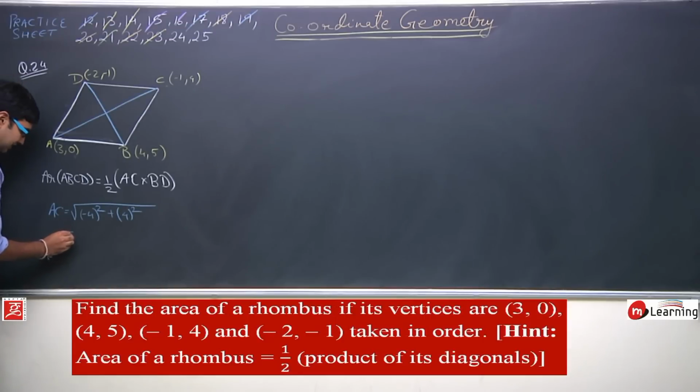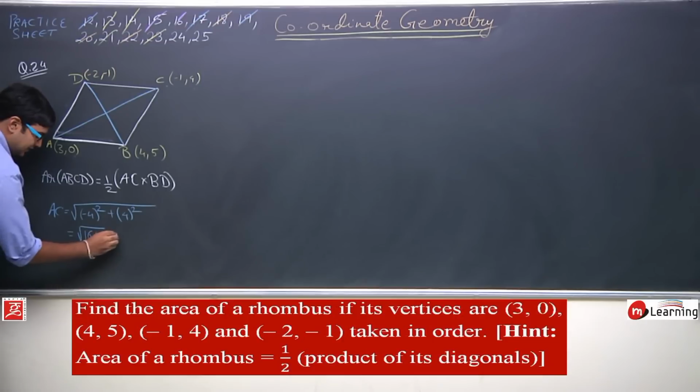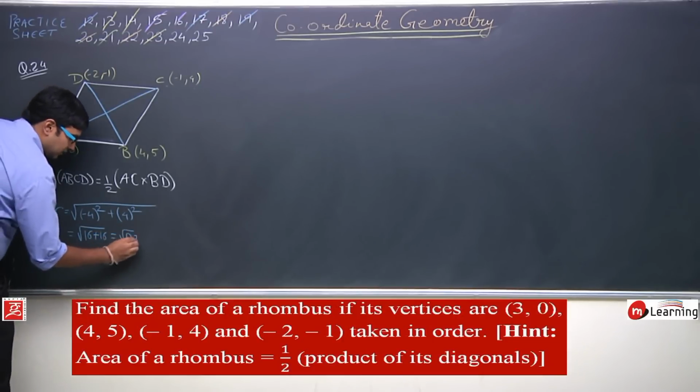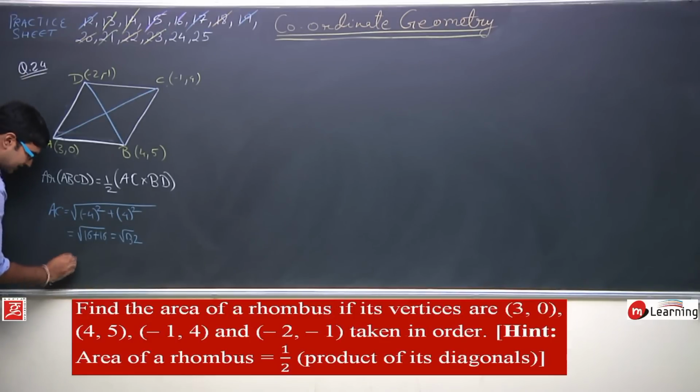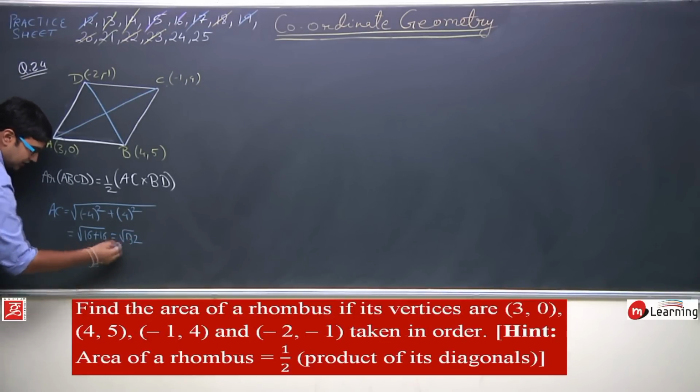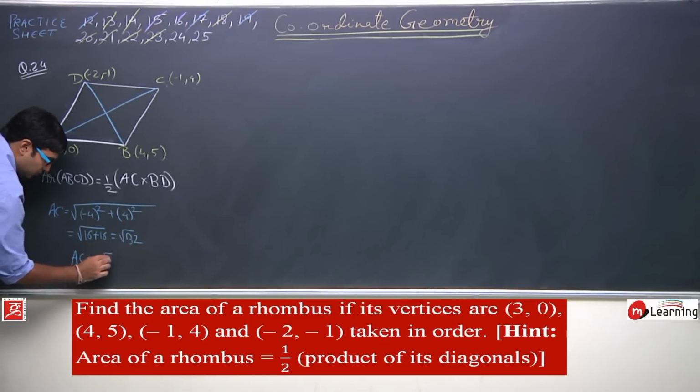Okay, so AC will be equal to the square root of 16 plus 16, that is root 32. Okay, so AC is equal to root 32, or you can write it as 4 root 2.